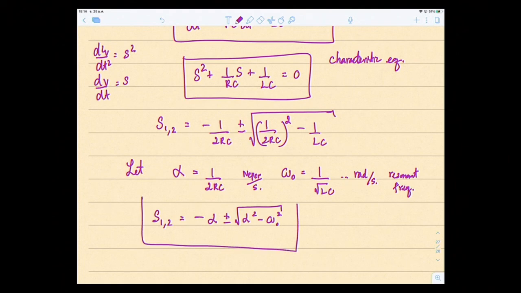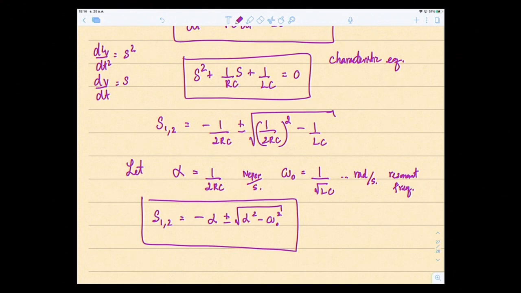So this would be your roots. And of course your S1 and S2 can fall into the overdamped case, critically damped case, or underdamped case.